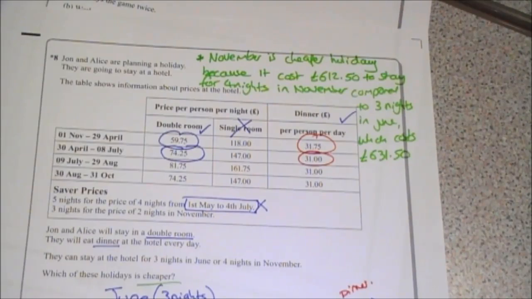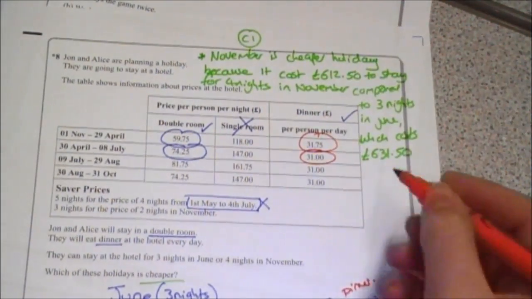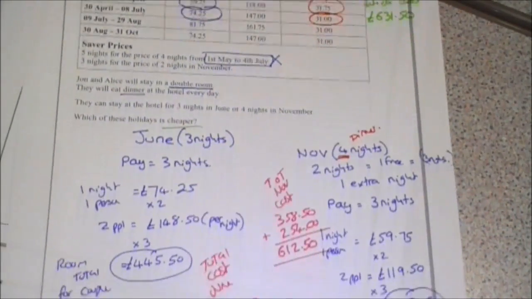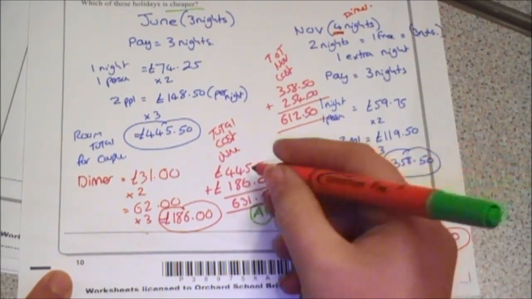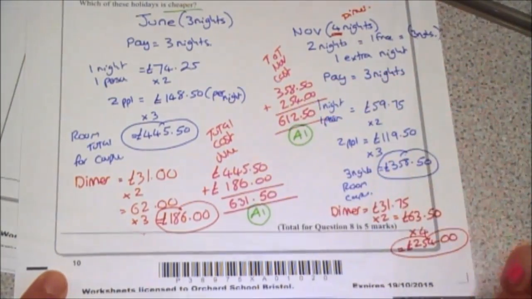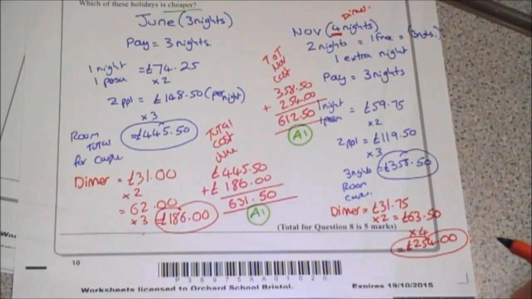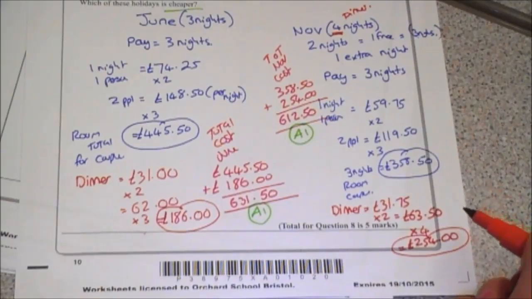With regards to the mark scheme allocation, you get a communication mark for communicating whatever it is that your workings out show. You also get an answer mark for having the correct total cost of June, and an answer mark for having the correct total cost of November. Now, there are 2 other method marks up for grabs here. You can get 2 method marks if both of your costs go together to give the right number.